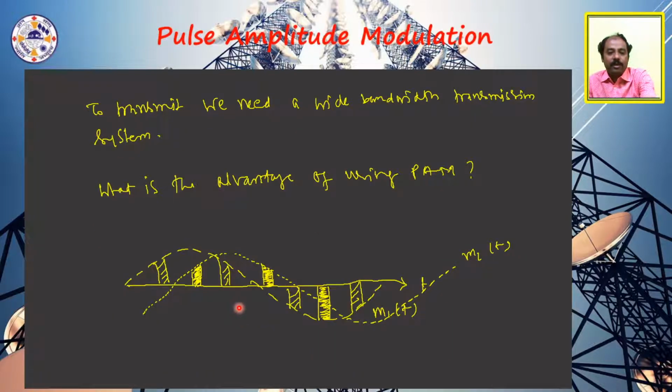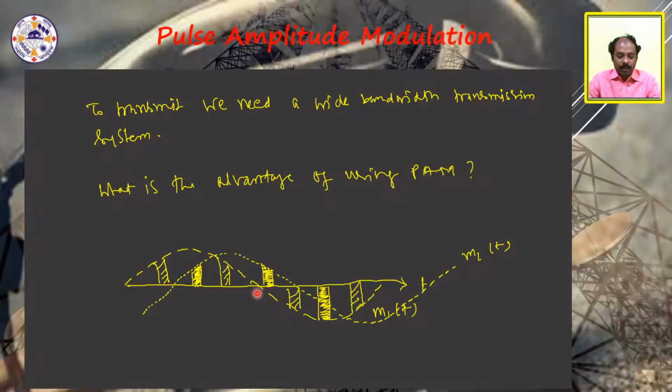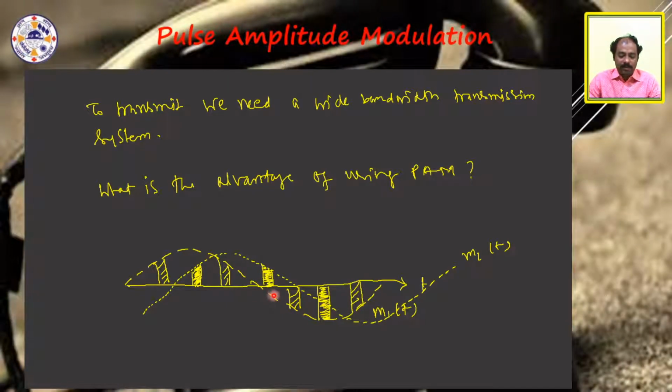In time scale, M1(t) is sampled here and M2(t) is sampled here. Fine. So this system is an example of TDM, that is time division multiplexing.